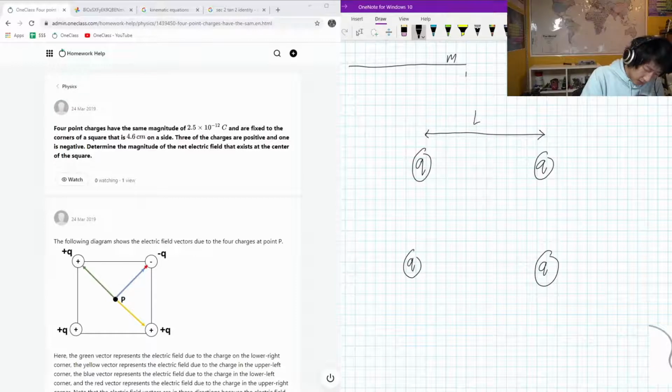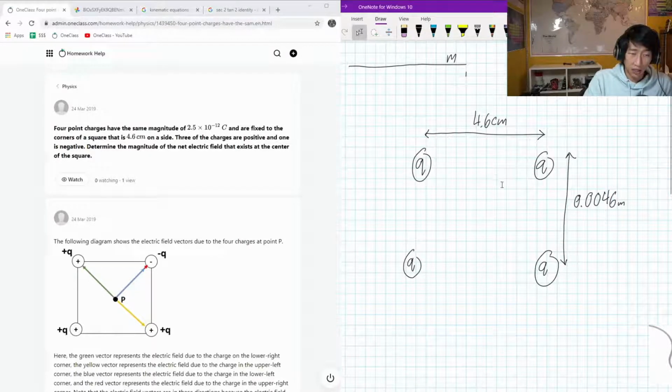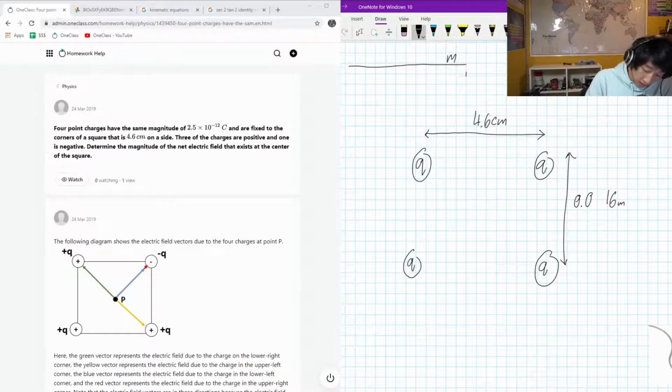At 4.6 centimeters, this is 0.0046 meters, the same as 4.6 centimeters. That's actually not the same, I got an extra 0 in there. My bad. 0.046 meters. Okay, that's the same.